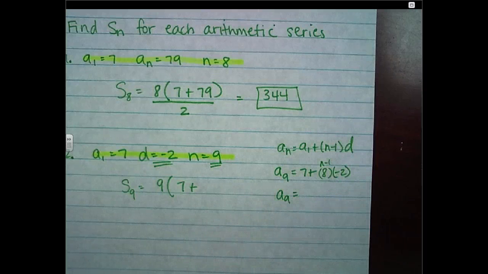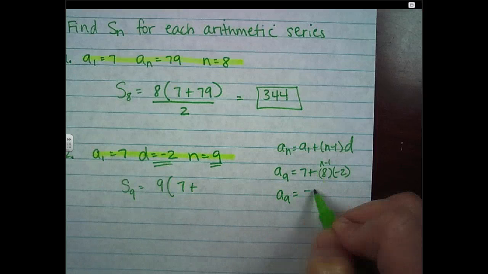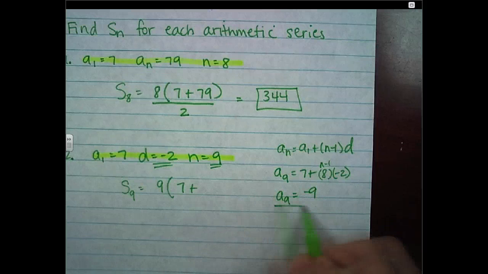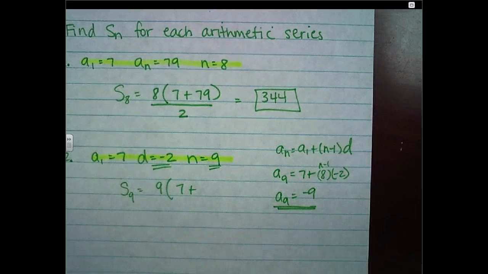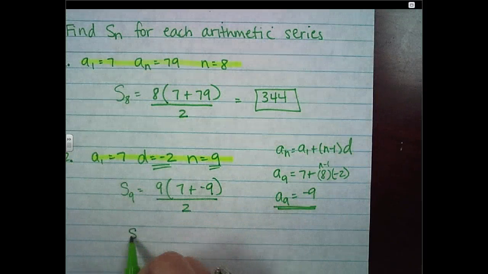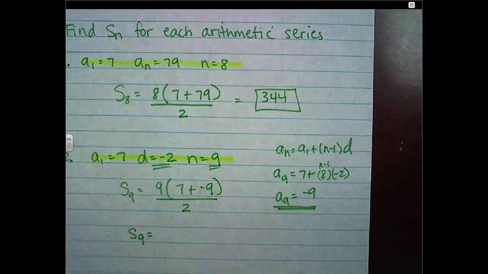Do it. I got -9, right? It's -9. So A sub 9 is -9. So finish plugging this in, divided by 2. And the sum of your 9 terms added all together, weirdly enough, is how much? Again, -9.